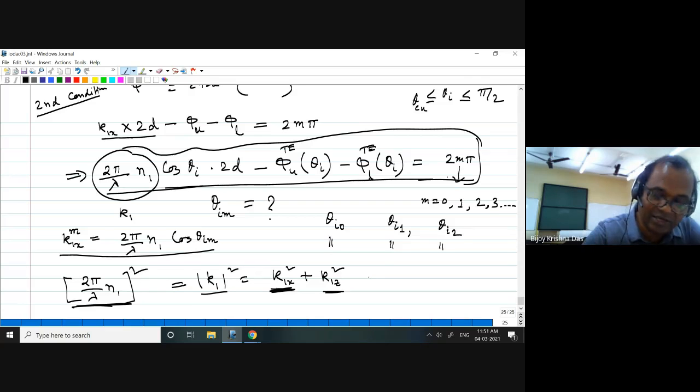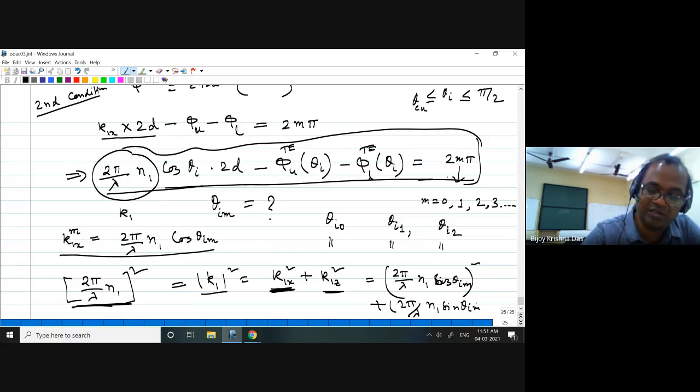So I can say that here, this is 2 pi by lambda N1 cos theta I m squared plus 2 pi by lambda N1 sine theta I m squared. When theta I m is discretized, this is also discretized.